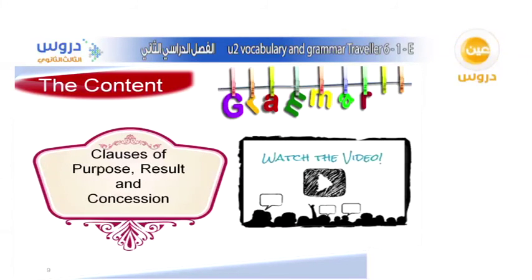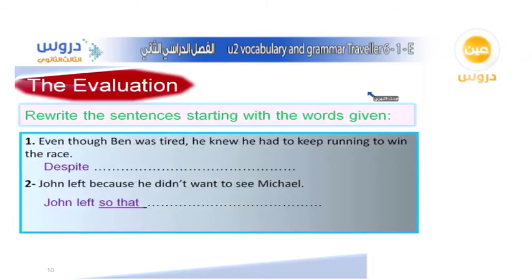Okay. Now we are going to see a video talking about clauses of purpose, result, and concession. All right. Now we have heard about the clauses of purpose, result, and concession. I hope you could hear that video. Now I need you to rewrite the sentences below, starting with the words given.